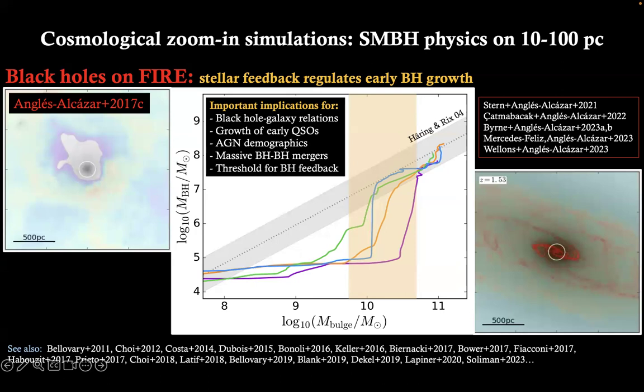Analyzing the simulations, we realize that what happens in these particular simulations is that stellar feedback is very bursty at early times. The galaxy very often looks like the panel on the top left, with the center of the galaxy devoid of gas, because stellar feedback is just pushing out gas, and so basically not letting the black hole grow efficiently.